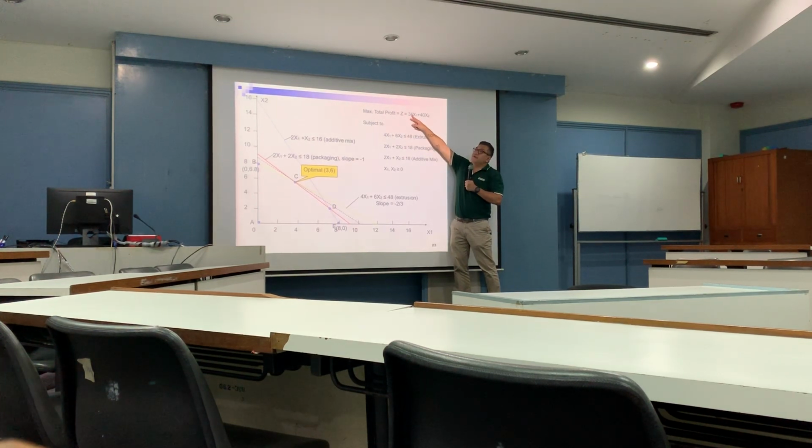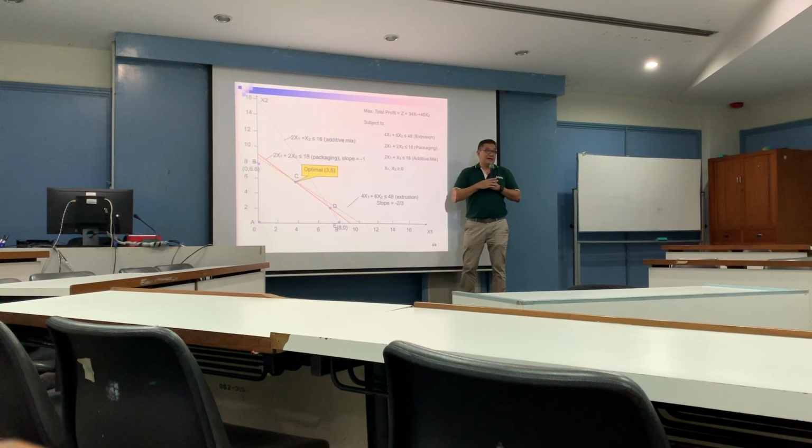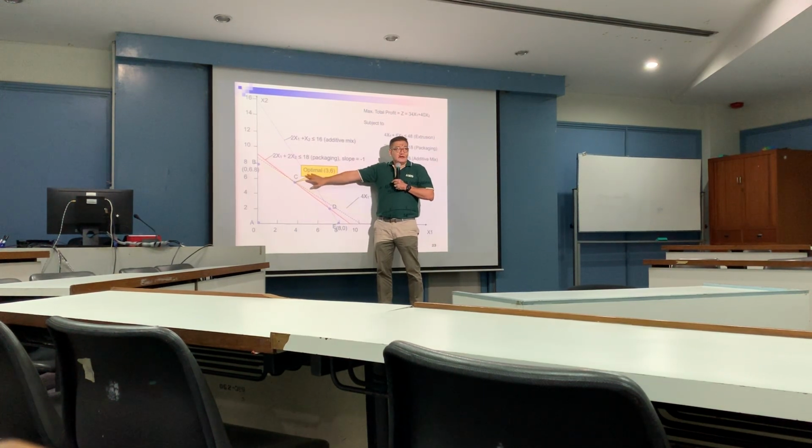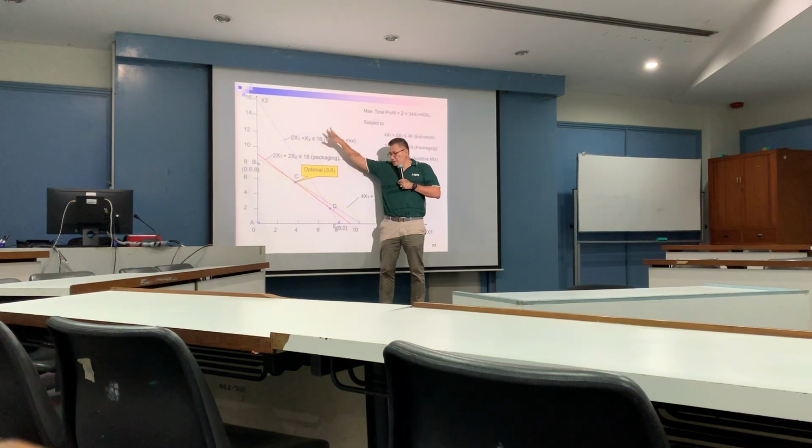Changing the coefficient in front of x1 and x2 in the objective function means we change the slope of the isoprofit line. So on the other hand, we try to find the range of the slope of the isoprofit line actually.